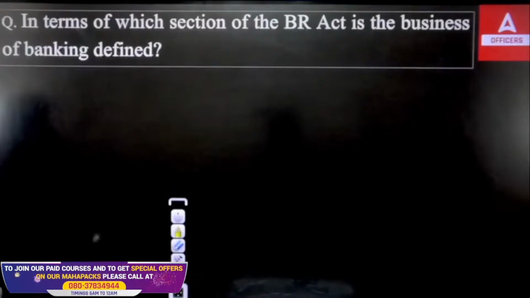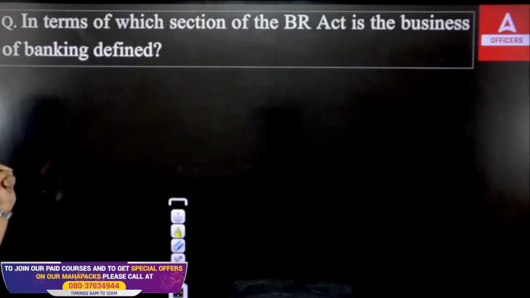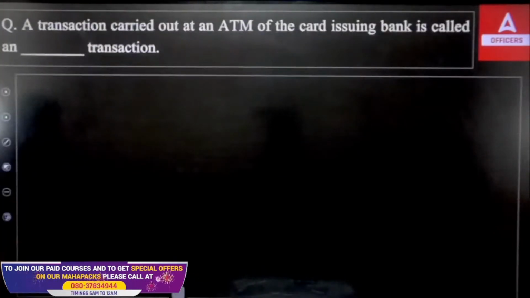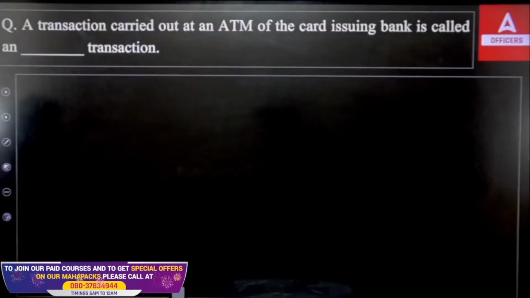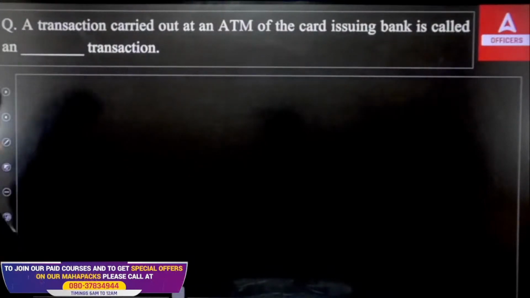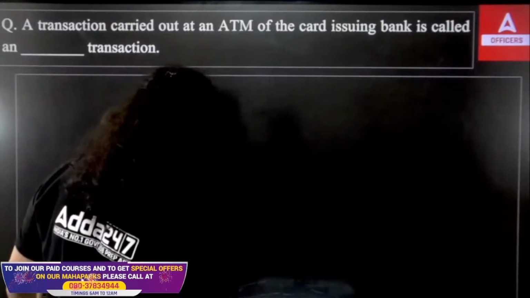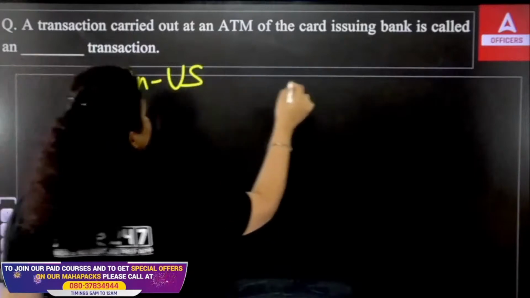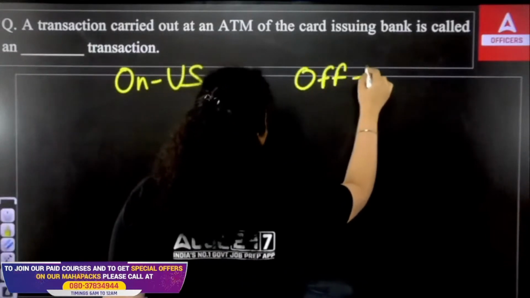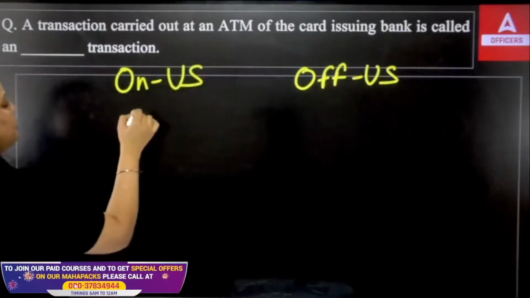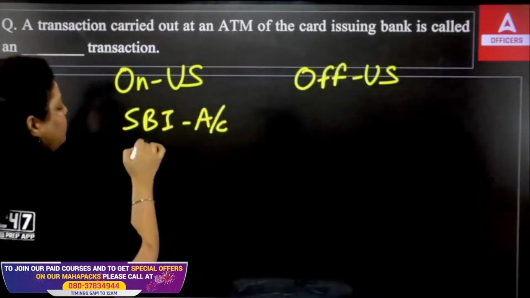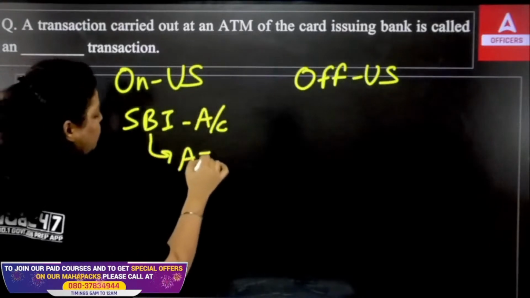In terms of which section of the Banking Regulation Act is the business of banking defined? So this we have done already. This is a repeated question. Really sorry. Now, a transaction carried out at an ATM of the card issuing bank is called a dash transaction. See, there are two types of transaction. First is on us. Second is off us. On us transaction means, let's say you have an account in SBI and you have an ATM of SBI.